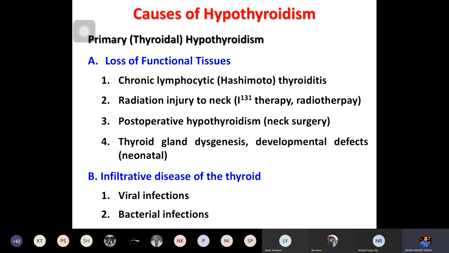Similarly, among bacteria, you can see Klebsiella, Haemophilus influenzae, Streptococcus viridans. So these are the few organisms which cause hypothyroidism. Okay, these are bacterial infections caused by Haemophilus influenzae, Klebsiella, and Streptococcus viridans. A few examples which cause infiltrative disease of the thyroid gland and lead to hypothyroidism.